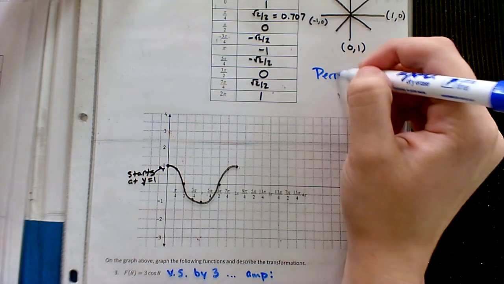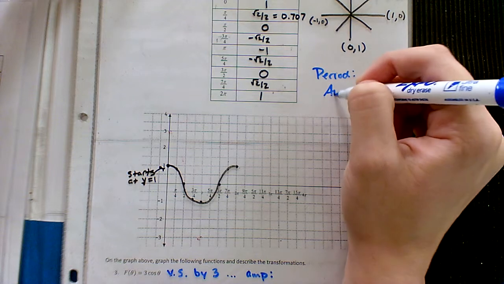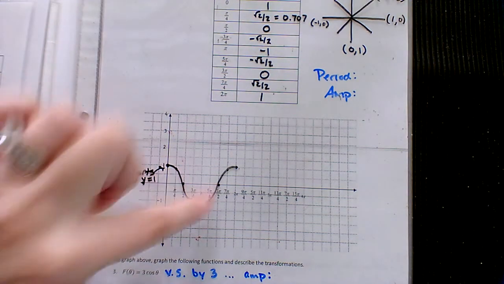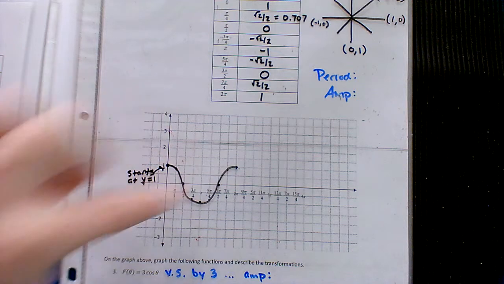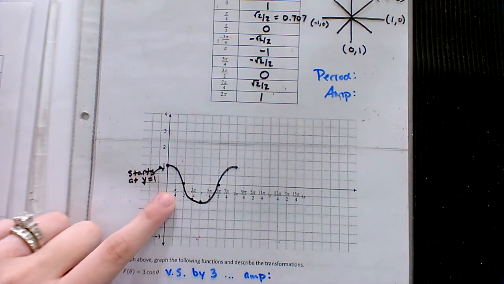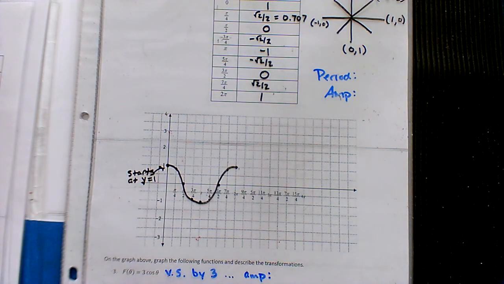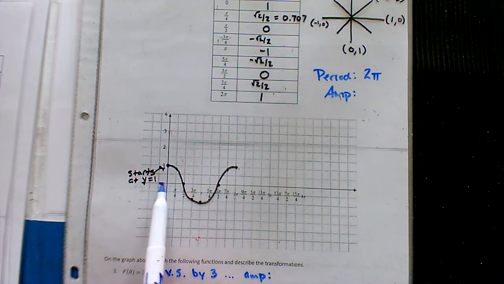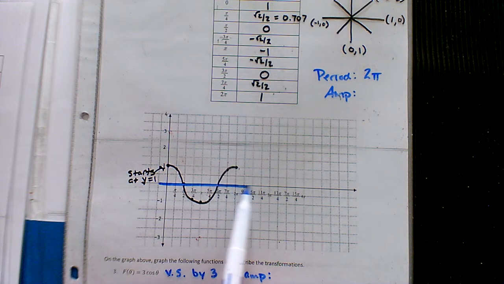How about we go ahead and list the original period and amplitude for cosine, and then we'll see how those change. So based off this original black parent function we have, what's the period? How wide is that cycle? 2 pi, good. And then the amplitude, you first got to find the baseline or the middle of the graph.